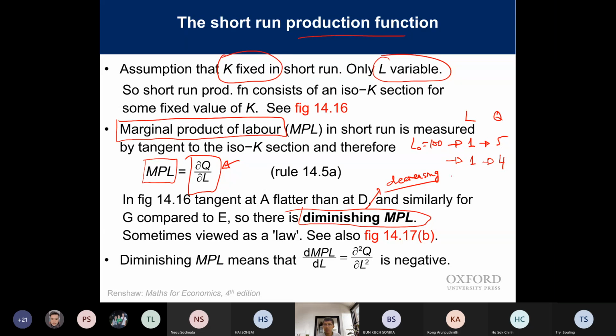If you keep hiring one more worker, it will result in lesser and lesser quantity, let's say 3, or maybe only 2.